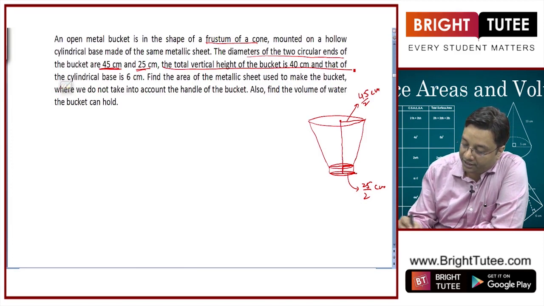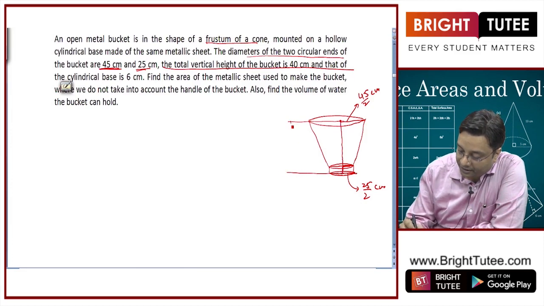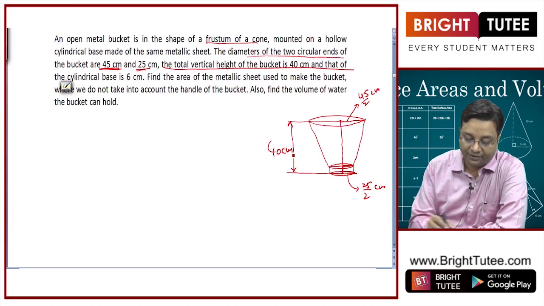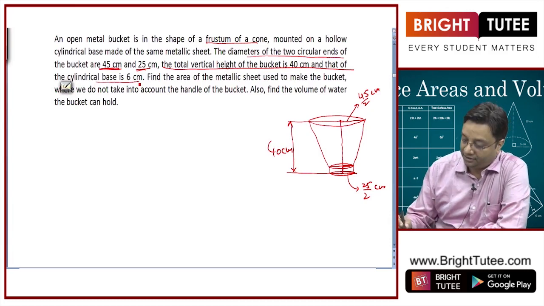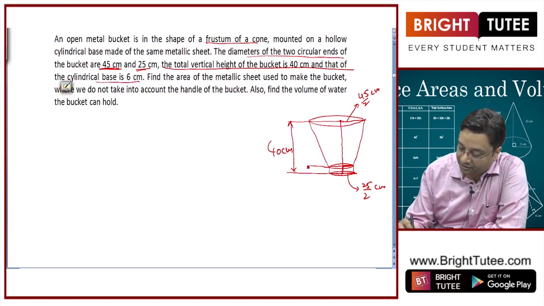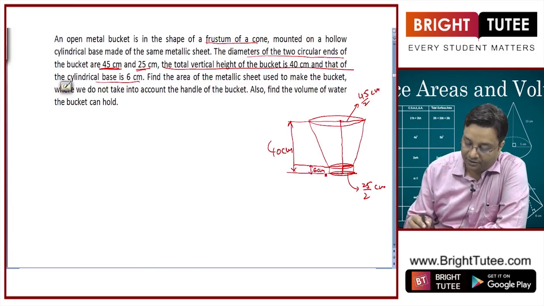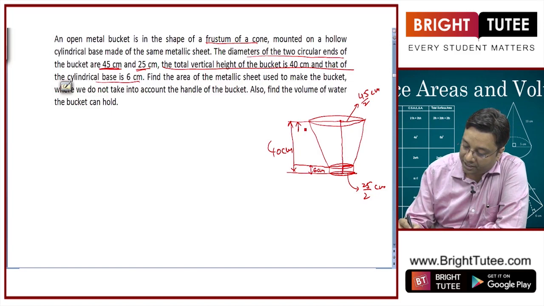Total vertical height of the bucket is 40 centimeter. So this height is 40 centimeter and that of the cylindrical base is 6 centimeter. So this much is 6 centimeter. So what is the height of this frustum part of this? 34 centimeter.